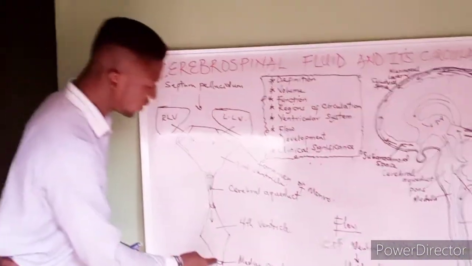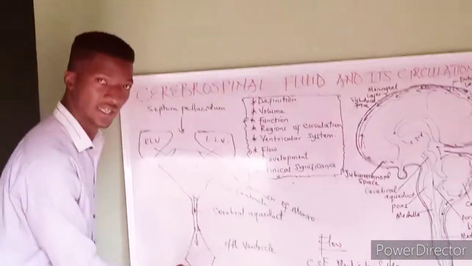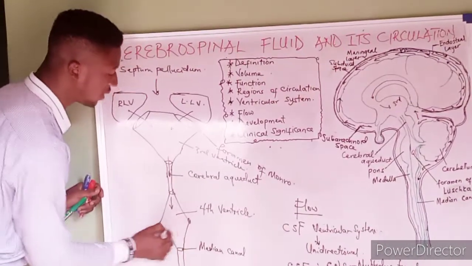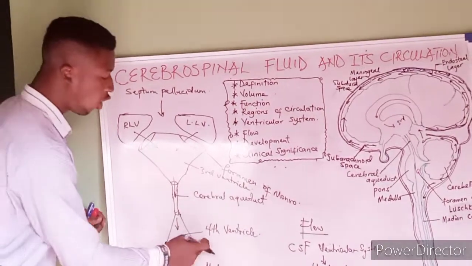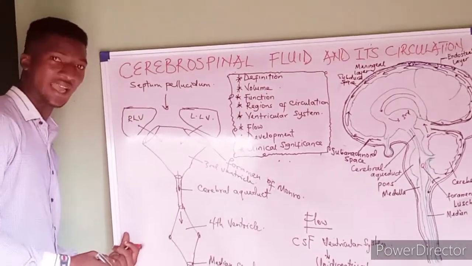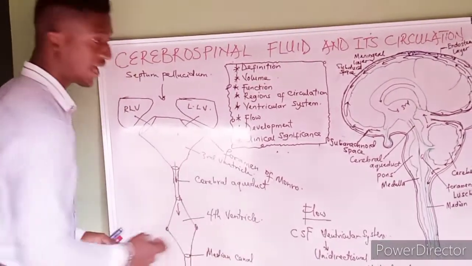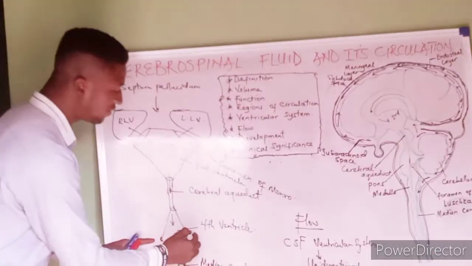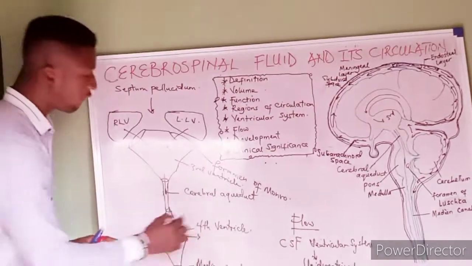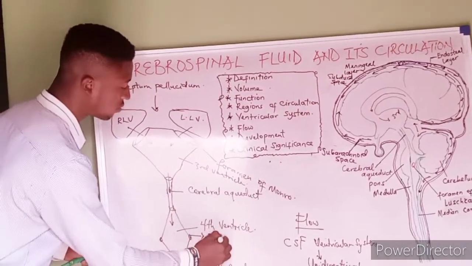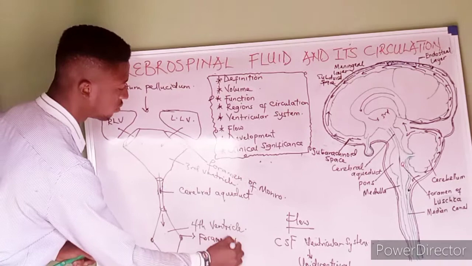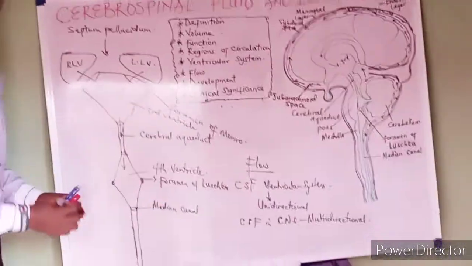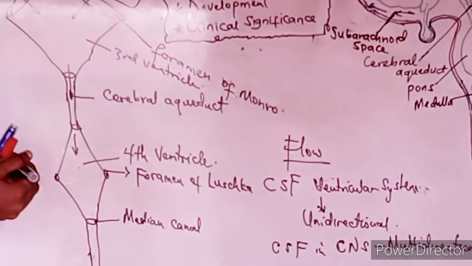When the fluid gets to the fourth ventricle, there is a particular foramen on the right lateral side and the left lateral side through which the fourth ventricle opens. These are called the foramen of Luschka.